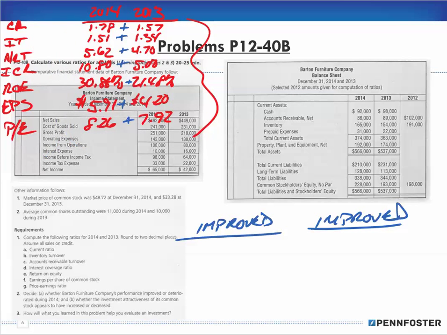If you understand what the ratios are measuring, even though you might have an increase, decrease, increase, decrease, decrease, your interpretation of those ratios will decide whether, like in this case, things are improving or declining, or you use those ratios to answer whatever question you're asking.